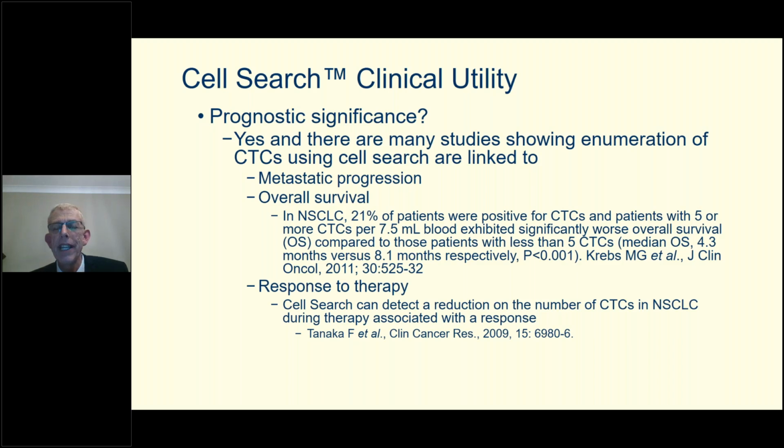And this is where we get into the concept of thresholds, because for many different cancers, there seem to be thresholds of circulating tumor cell levels within the blood that may be associated with a worse or better prognosis in terms of overall survival. There are lots of studies out there for breast cancer, and certainly for non-small cell lung cancer, that show that you can make these clinical correlations between the numbers of circulating tumor cells in the blood and overall survival.